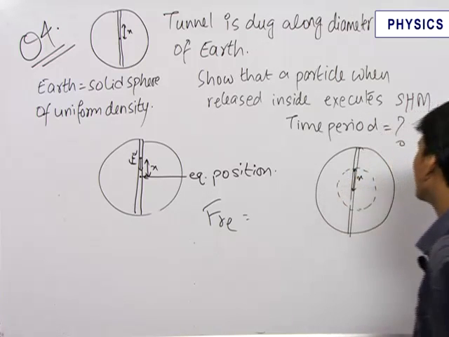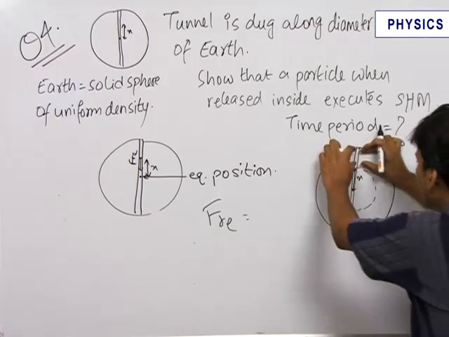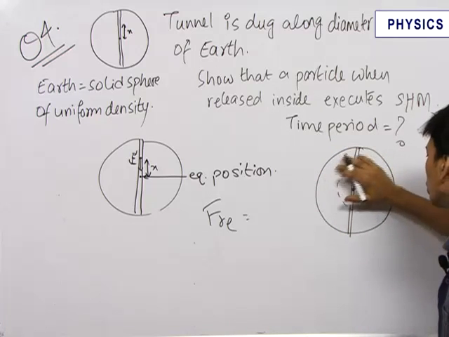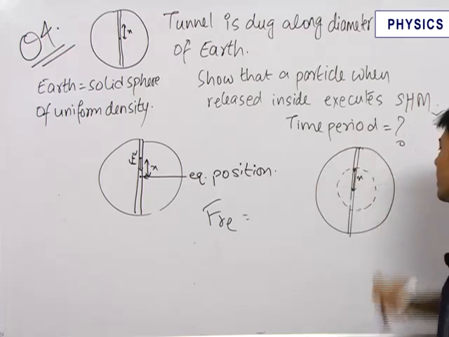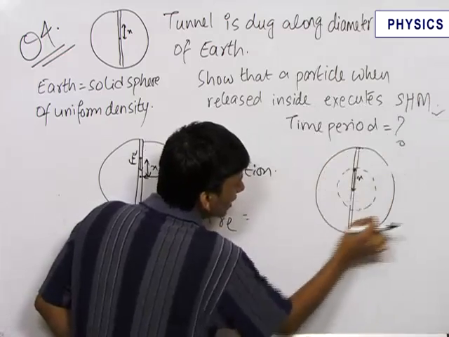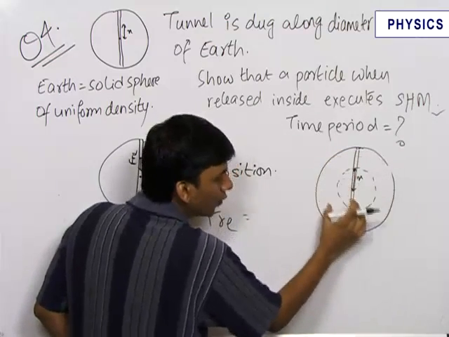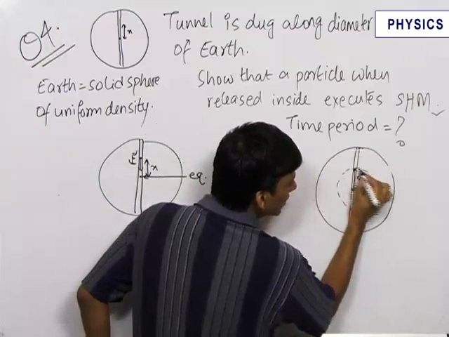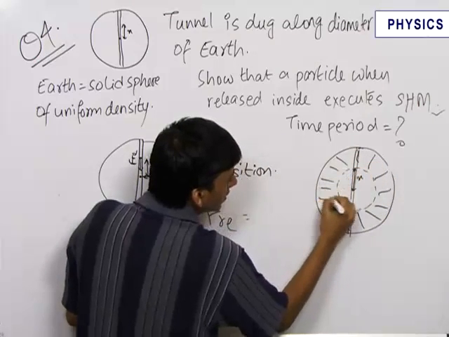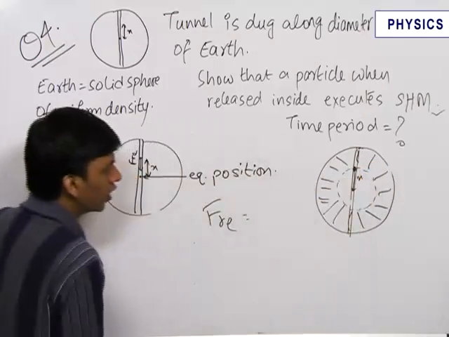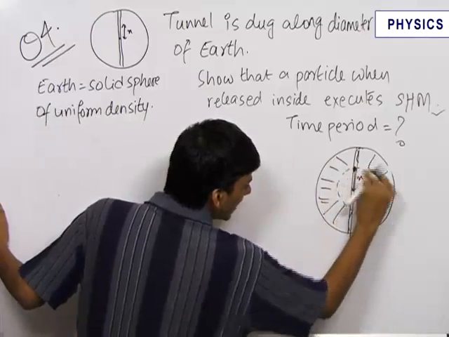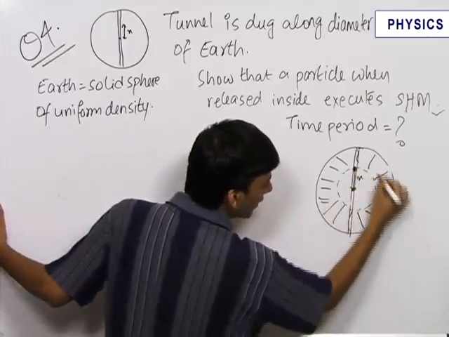Now we can safely say that for all the mass which is outside this sphere of radius x, the net gravitational force due to this whole mass on this particle is 0, because this whole mass can be distributed into thin spherical shells, and due to each thin spherical shell of uniformly distributed mass, the net gravitational force at this point is 0. Therefore, due to this whole mass, the gravitational force at this point is 0. So the gravitational force at a distance x from the center is only because of a sphere of radius x.